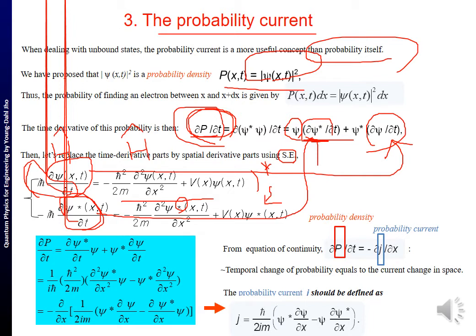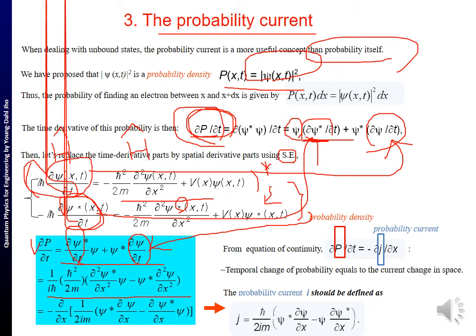Then we get this ∂ρ/∂t, this one and this one. We insert the result of the previous equation. Then eventually you can arrange the equation.